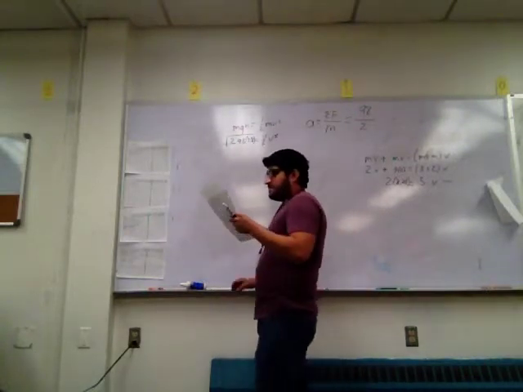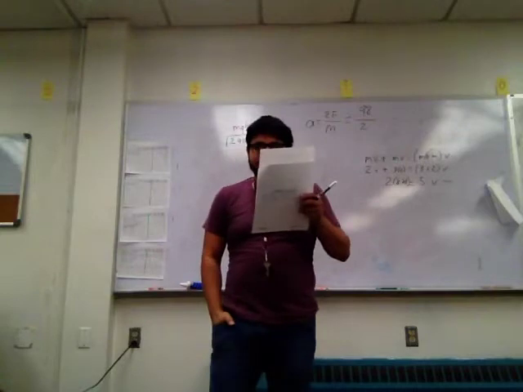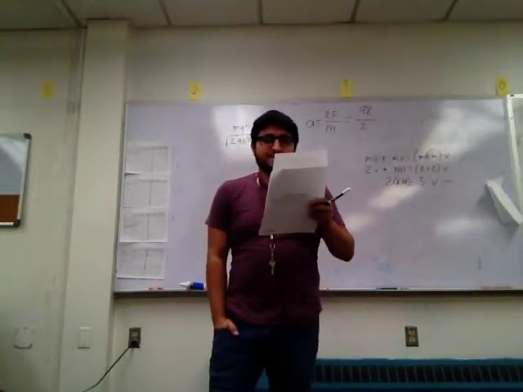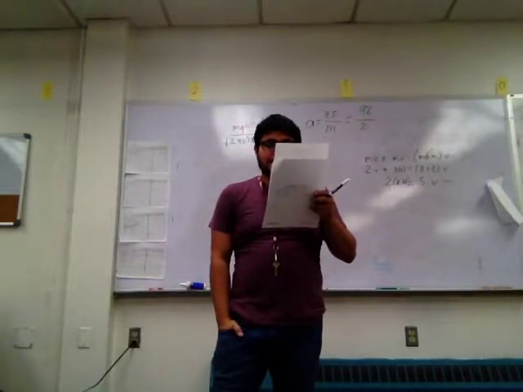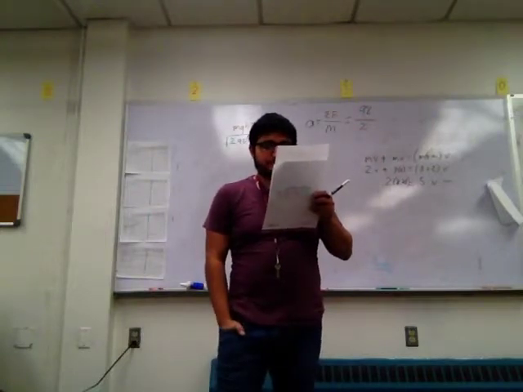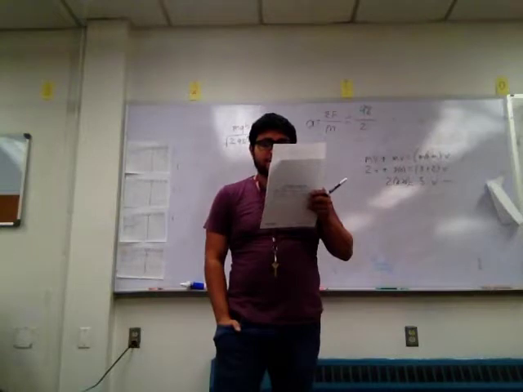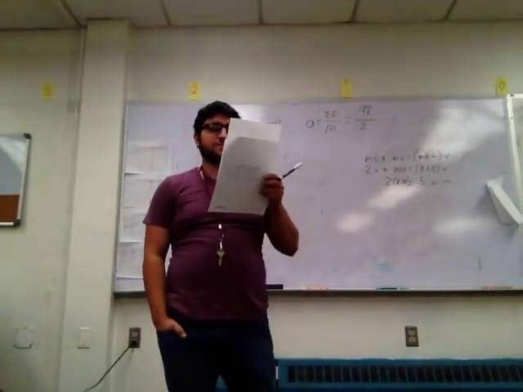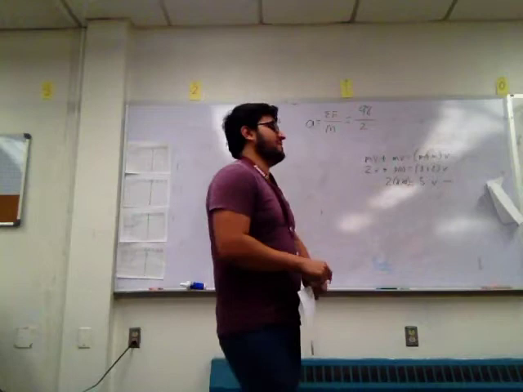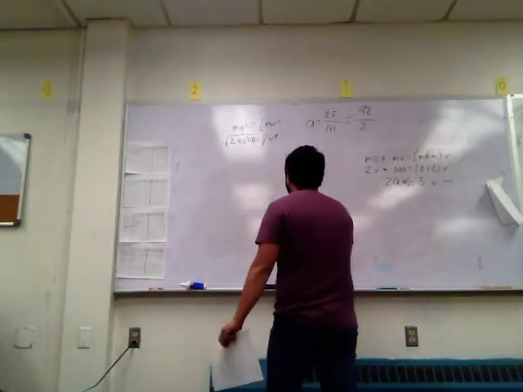After the explosion, one of the halves lands at point Y, which is a distance of 2r to the right of the launch point. If air resistance is negligible, where does the other half land? Alright, so let's draw this.